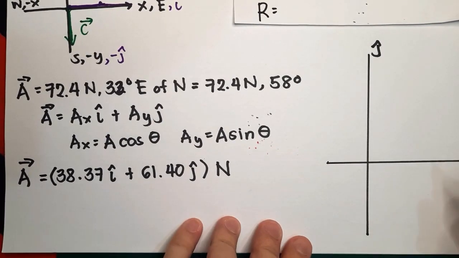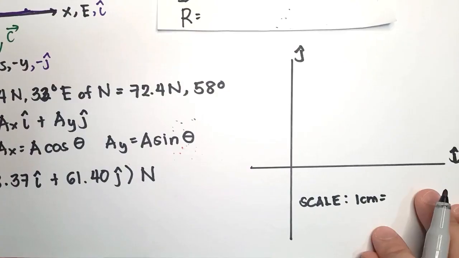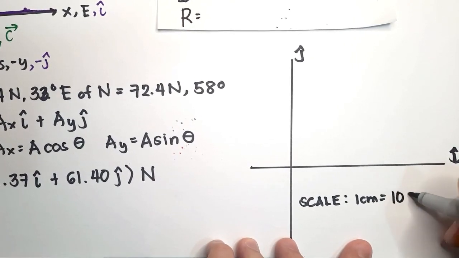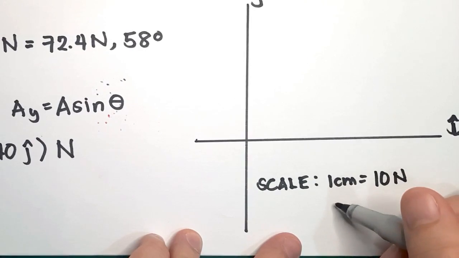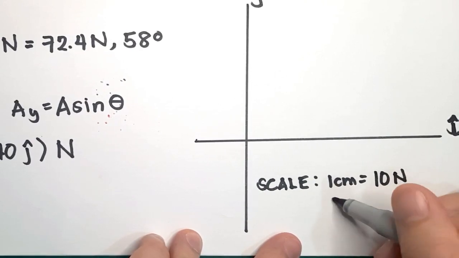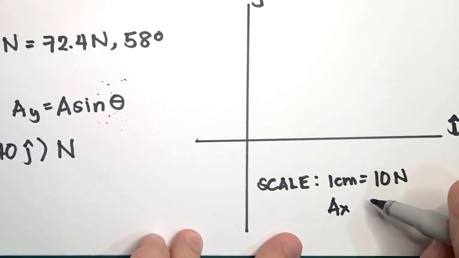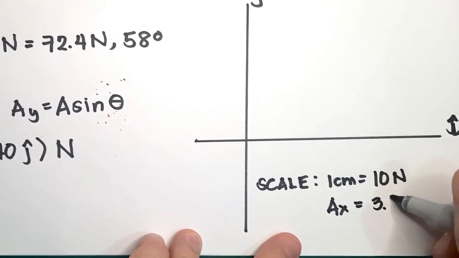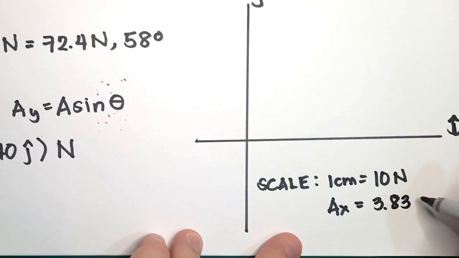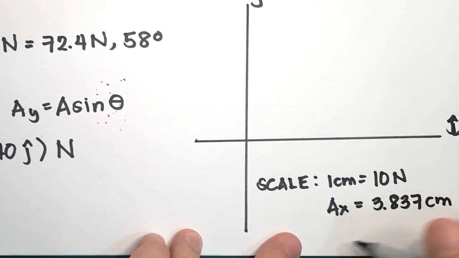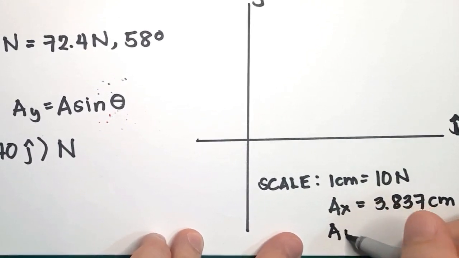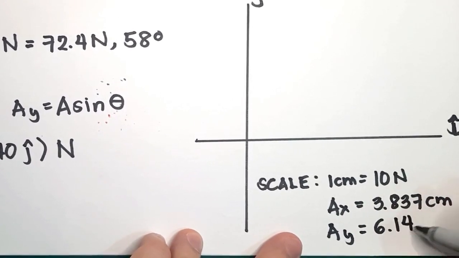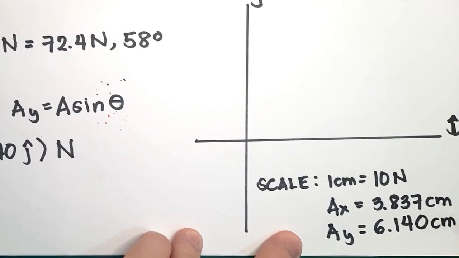Okay, so let's use a scale, which is 1 cm equal to 10 Newton. Hence, your AX, which is 38.37, is 3.837 cm, and your AY is equal to 6.140 cm.